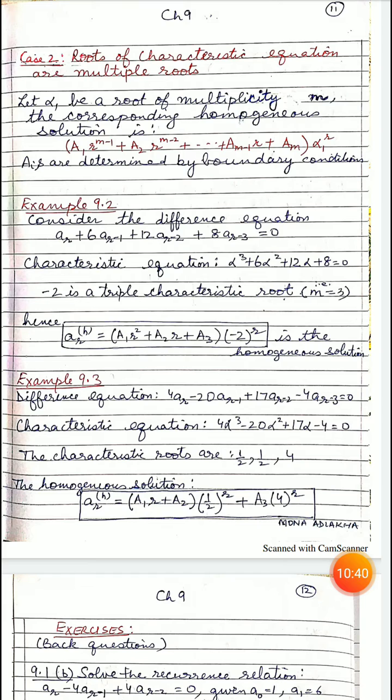Now that term would be different if your alpha is a multiple root of multiplicity m. In that case, that particular term will become a1 r to the power of m minus 1 plus a2 r to the power of m minus 2 up till am minus 1 r plus am, into alpha 1 to the power of r. So the ai's are determined again by the boundary conditions.